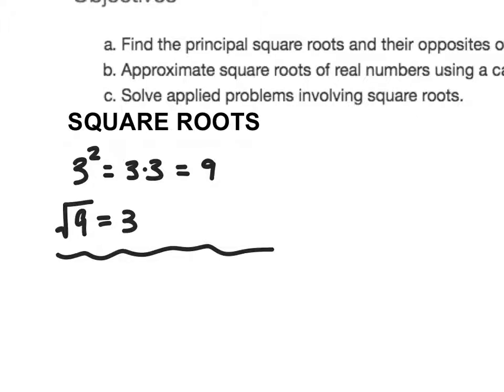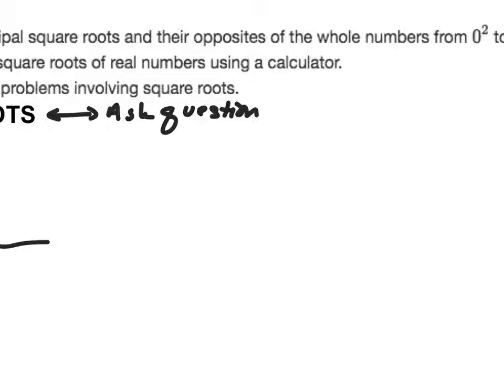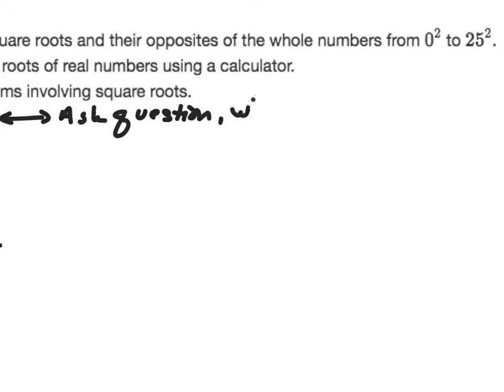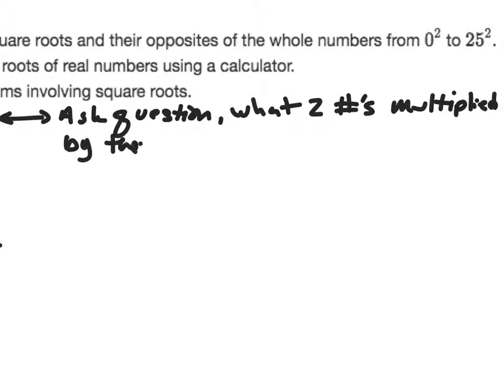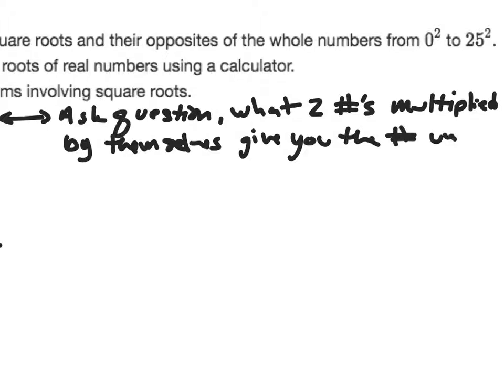With a square root, I ask myself the question: what two numbers multiplied by themselves give you the number under the radical?